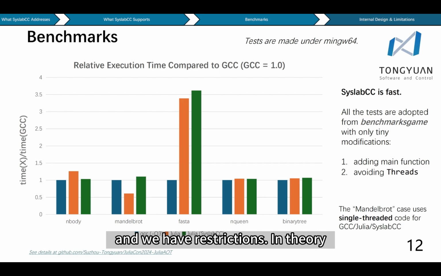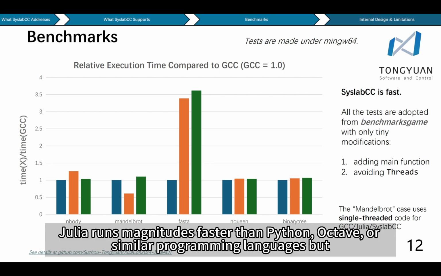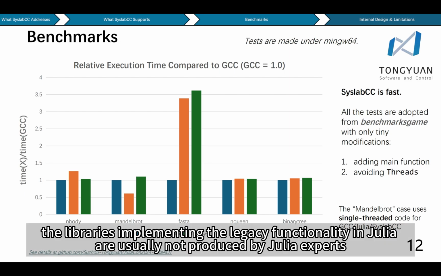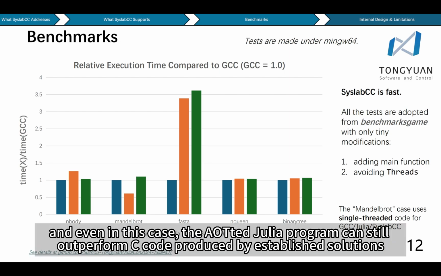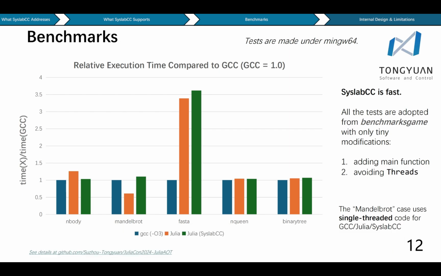In theory, Julia runs orders of magnitude faster than Python, Octave, or similar programming languages, but the libraries implementing the legacy functionality in Julia are usually not written by Julia experts. And even in this case, the AOT Julia program can still outperform C code produced by established solutions.